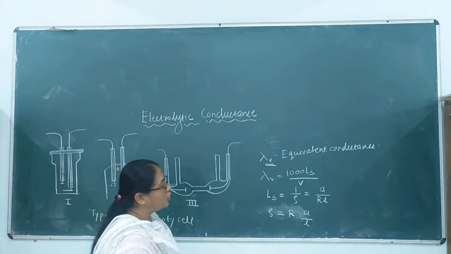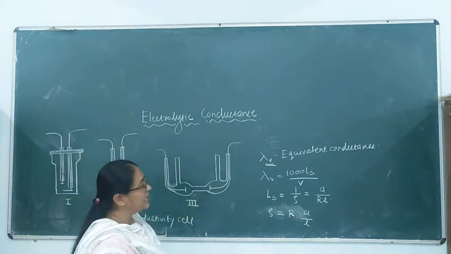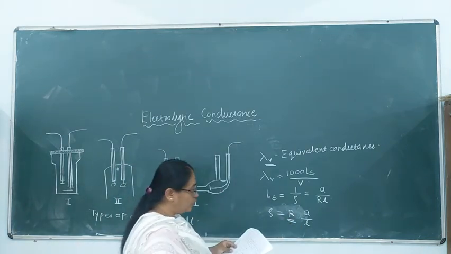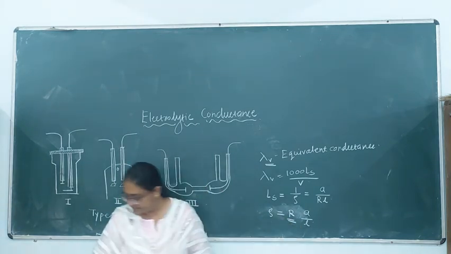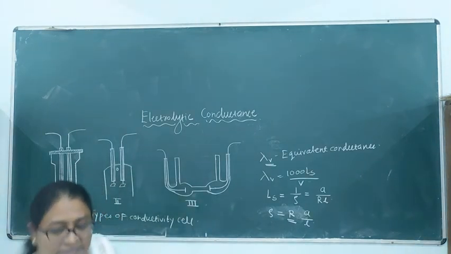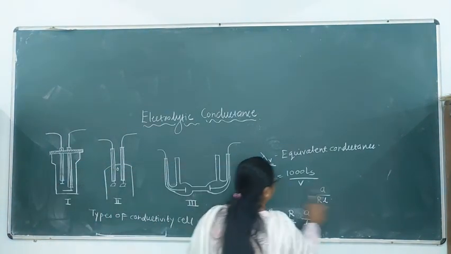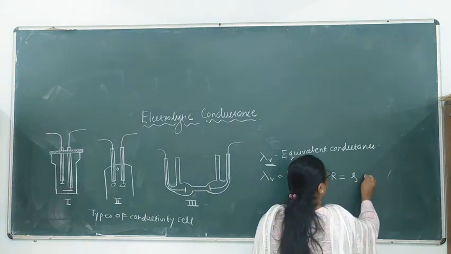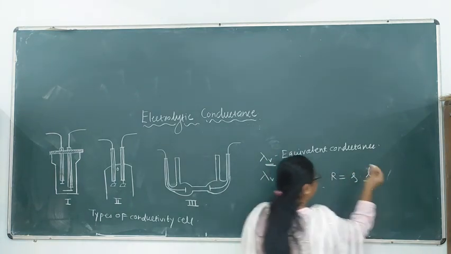Now this rho or the specific resistance is calculated from R. For this purpose, this R must be known, and for that we know the formula for the resistance, which is equal to rho into L divided by A.